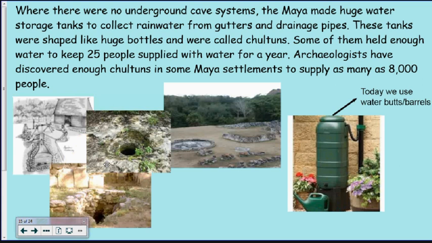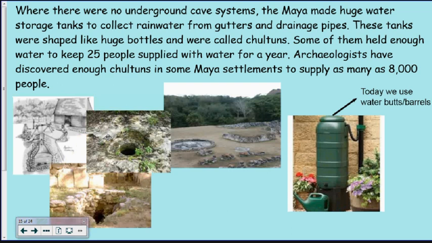Sometimes it came from drainage pipes from their houses, but they probably wouldn't really have had that. That's more of today. But the rainwater, if you look at this picture here, it was just a hole in the ground, and the rainwater would just go into that, and under the ground it was like a big bottle shape, and it would just collect all the water for when they needed it.